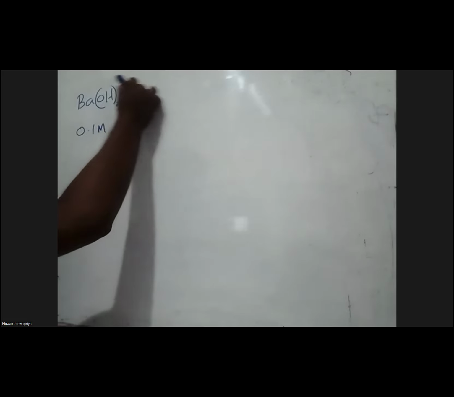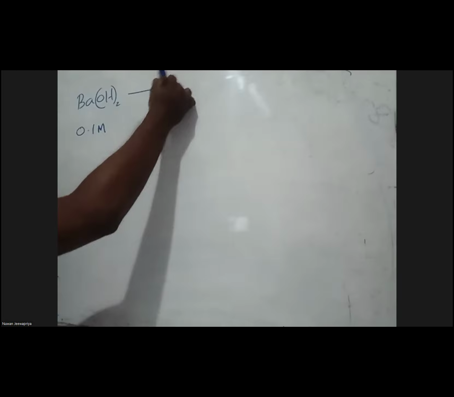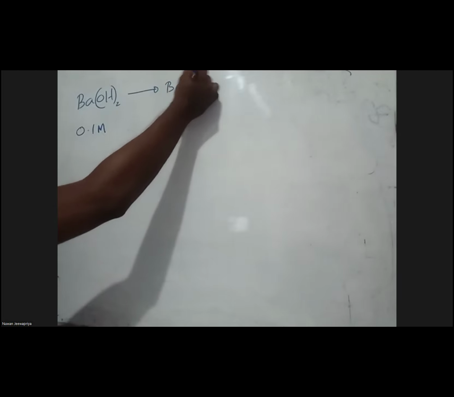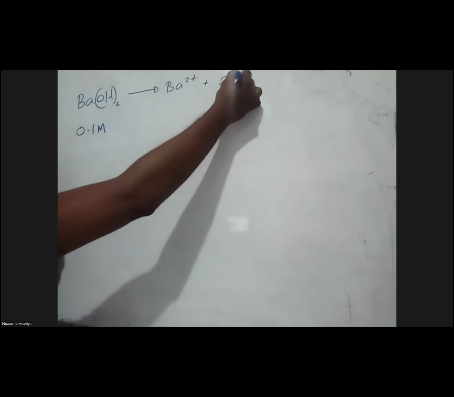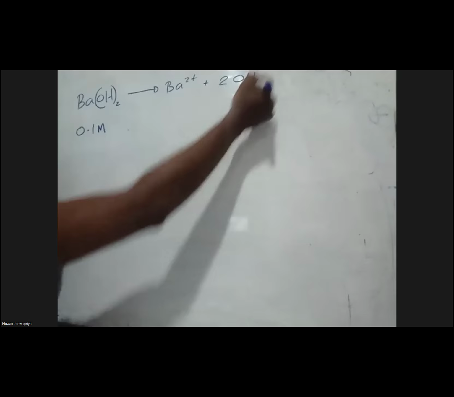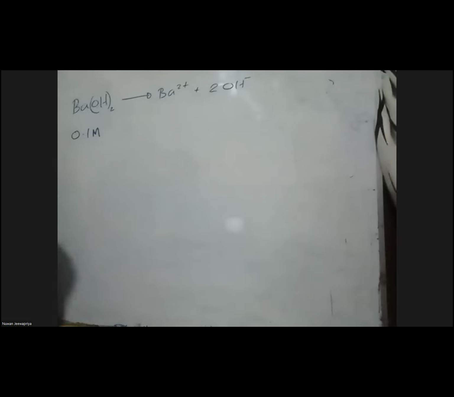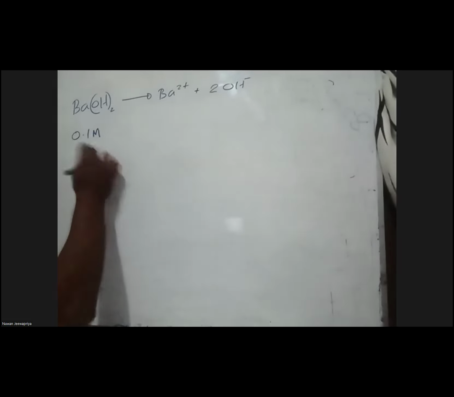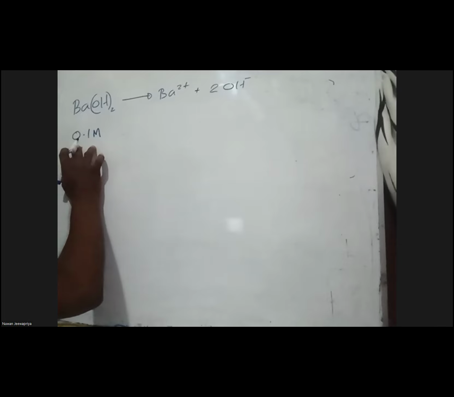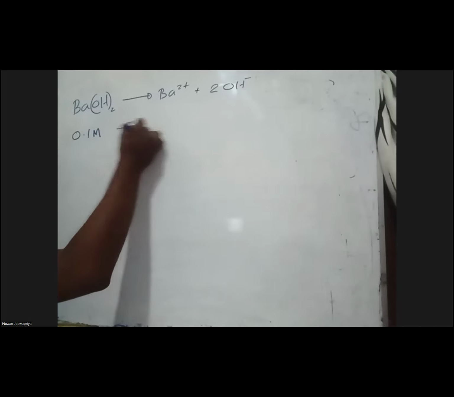Barium hydroxide is a dibasic, diacidic base, so it gives Ba2 plus and 2OH minus. It gives 2OH minus, you can understand that. So barium hydroxide concentration is 0.1.